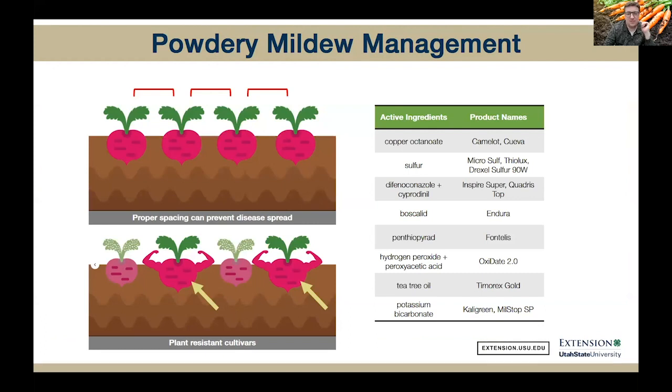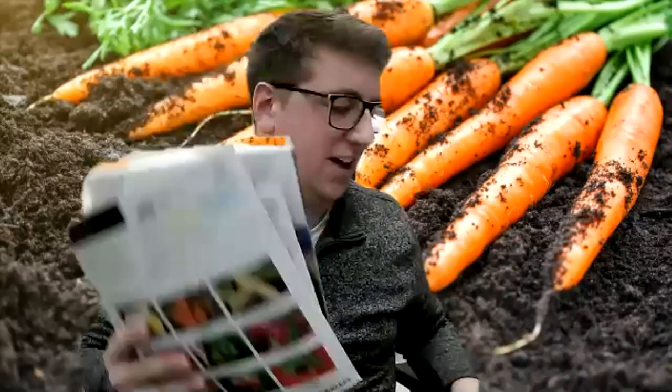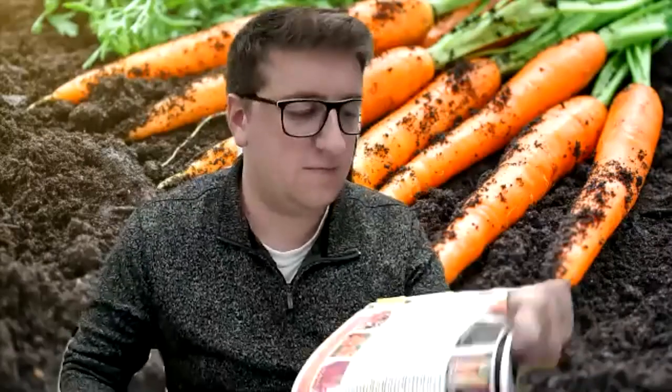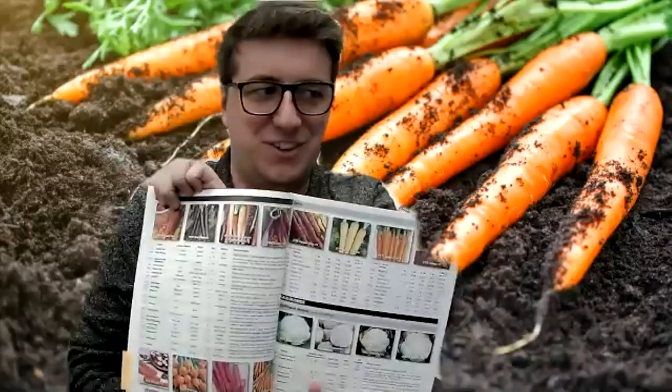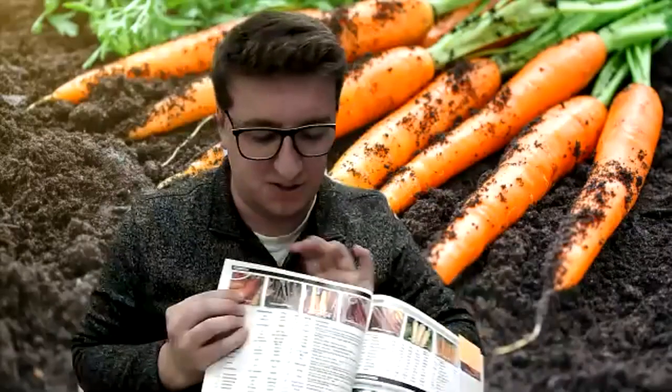So again, the first management is you can consider planting resistant varieties. And I actually want to show you. If you guys are like me, you get a bunch of seed catalogs, and I'm getting them already in January. I get like 50 of them. If you're reading through them, here's the carrot page.